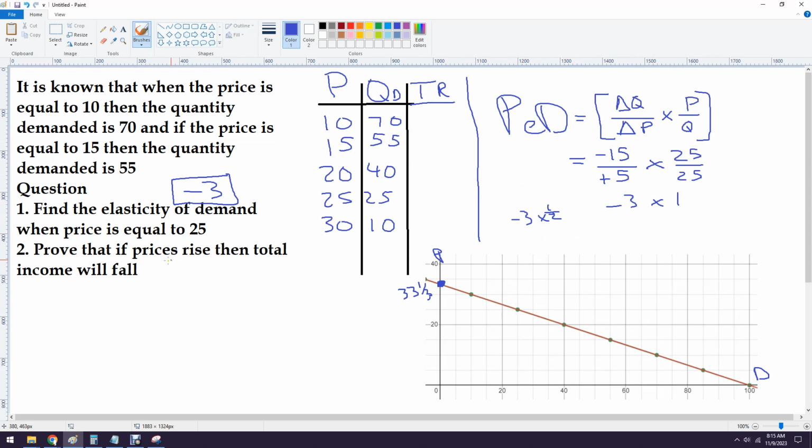Prove that if prices rise, then total income will fall. Now, income equals spending, and spending equals revenue. There are two ways of looking at the same thing. So total revenue is what we're looking at. So I'm just going to calculate total revenue. Total revenue, by the way, is price times quantity.